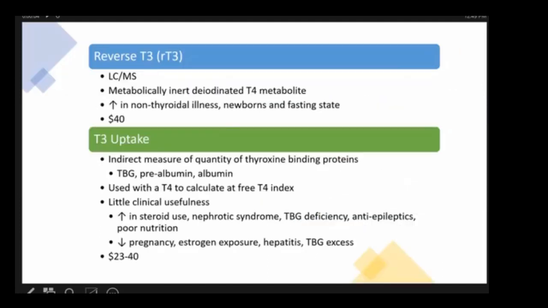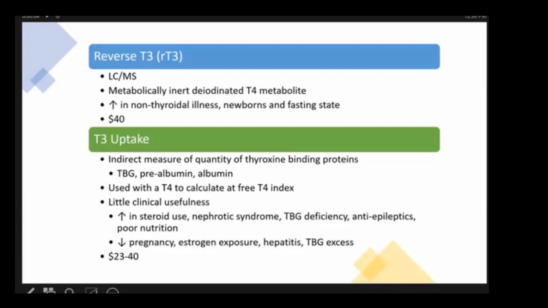This is elevated in non-thyroidal illness or just severe illness. We see it in our DKA patients as well. It's also a little bit elevated in newborns and those in prolonged fasting. So this is not terribly useful outside of the inpatient setting where you're concerned about non-thyroidal illness. If you have an abnormal TSH and you think it's due to a severe illness, it's something worth checking.